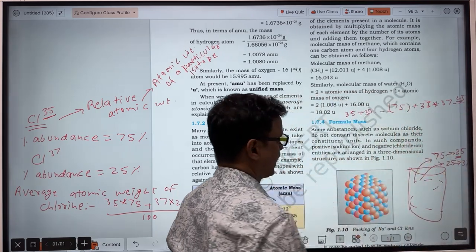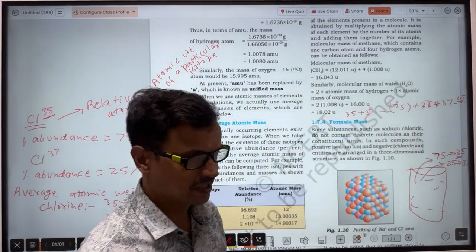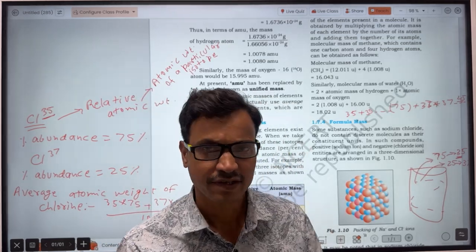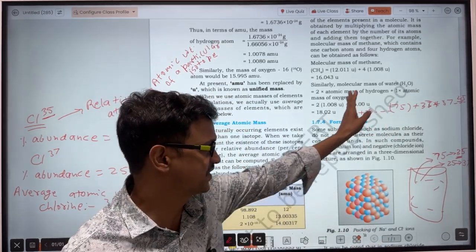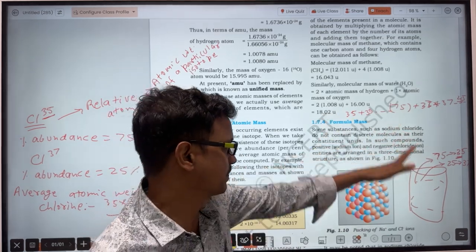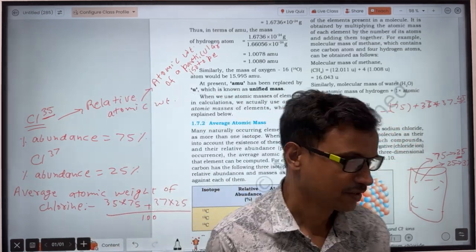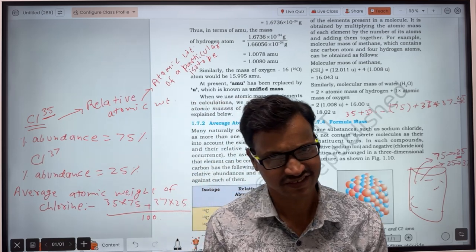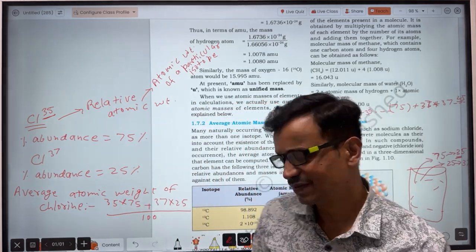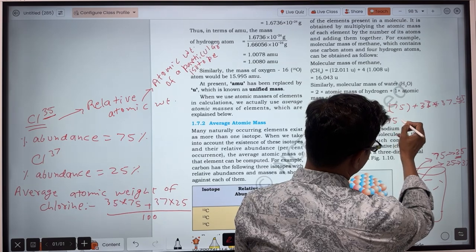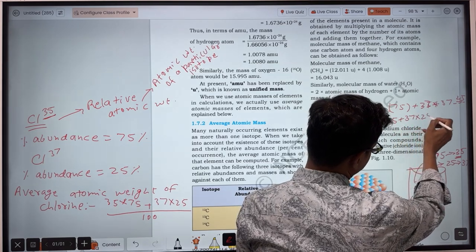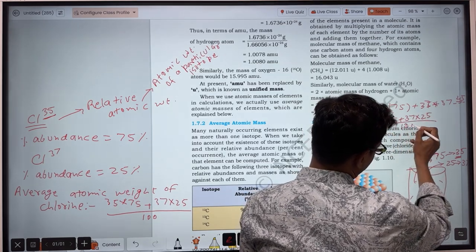So it is better to add 75 times. Multiplication is just repeated addition. So instead of adding 35 75 times, we should multiply 35 by 75. That's why it will be 35 into 75 plus 37 into 25, upon 100.